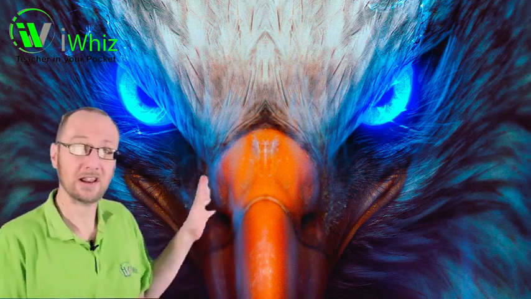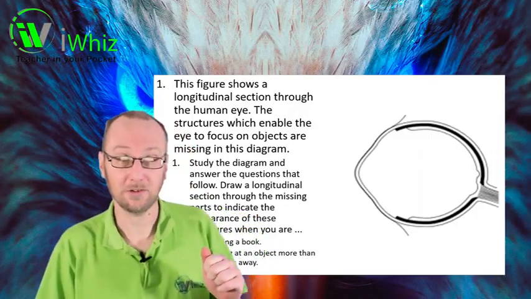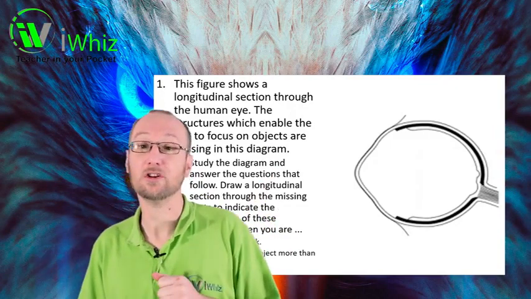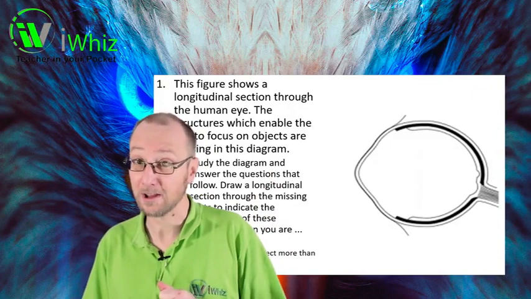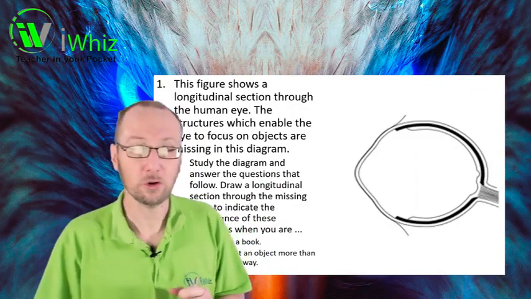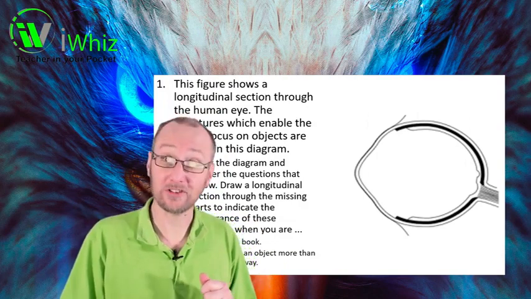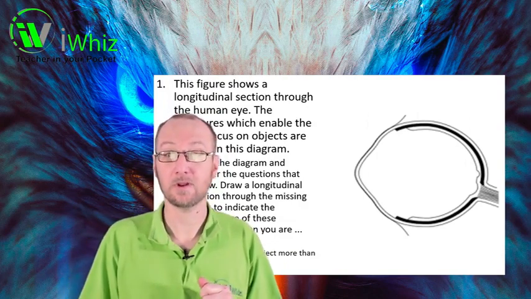Let's now head on to the next slide. Okay, so the next slide then says, this figure, as you can see there, shows a longitudinal section through the human eye. The structures which enable the eye to focus on objects are missing in this diagram.